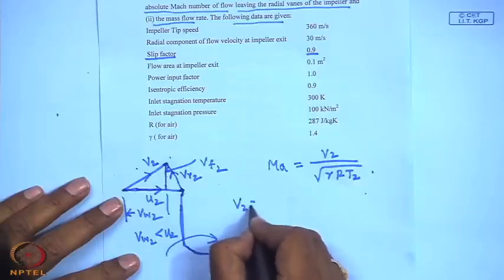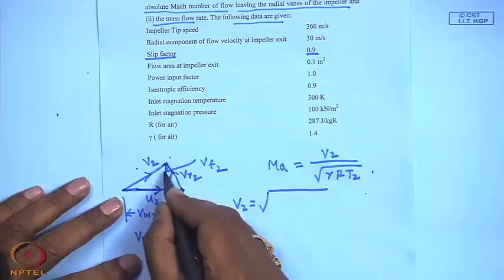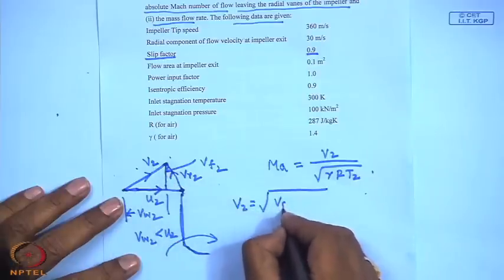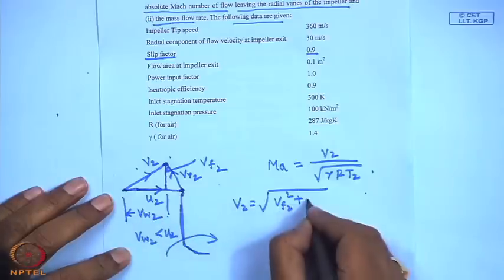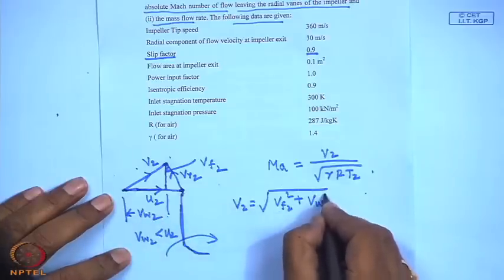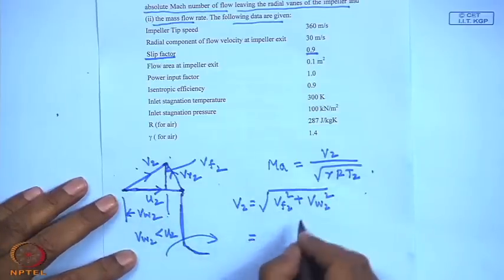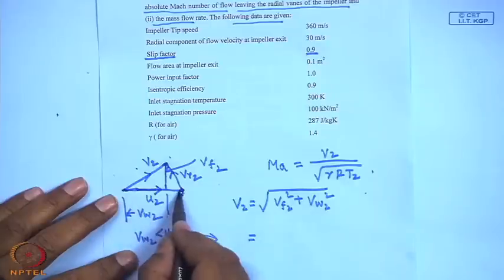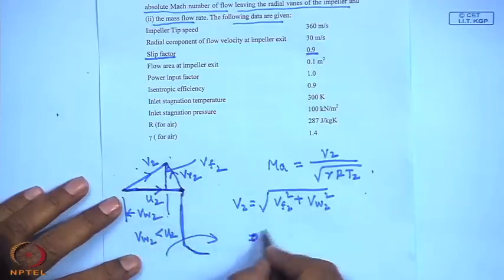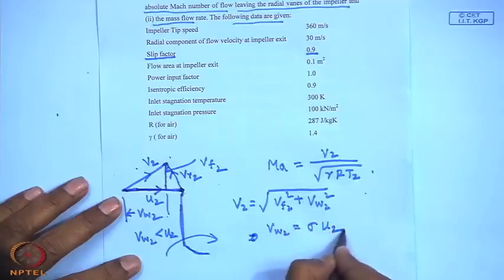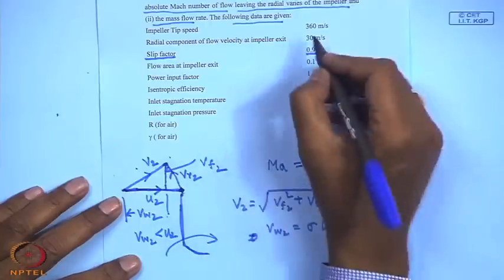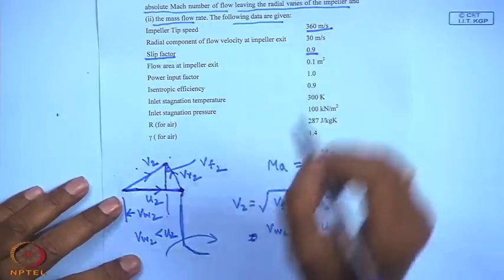Now V2 is root over VF2 square plus VW2 square. Now VW2 is not U2. So VW2 is sigma U2. Now U2 is 360 meter per second.